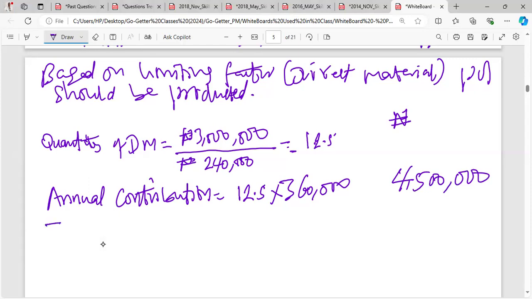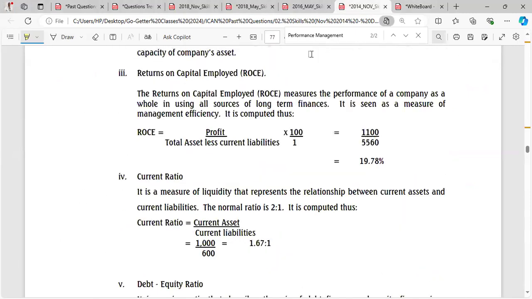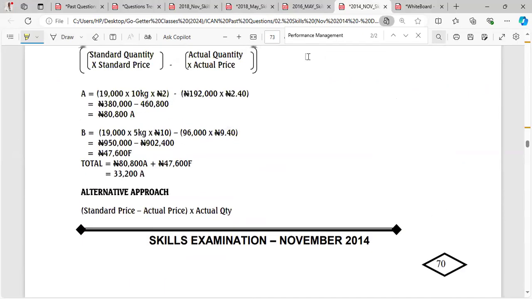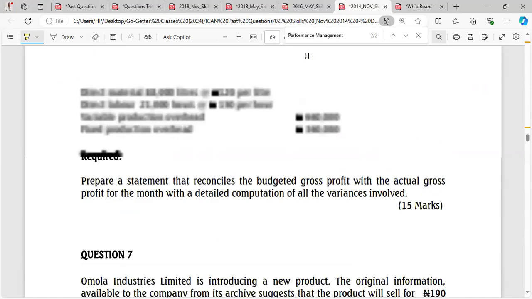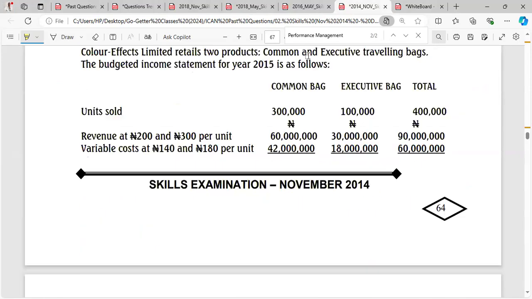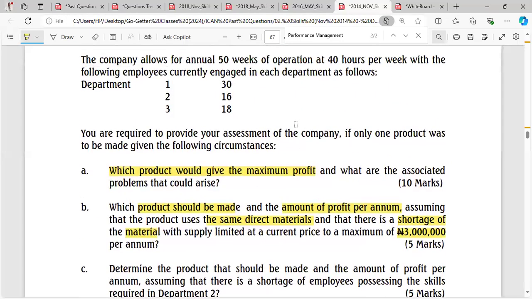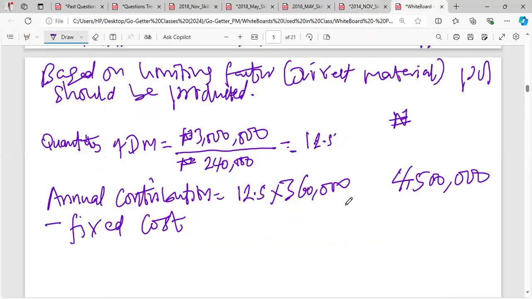Then we are going to less our fixed costs. How much is our fixed cost here? Our fixed cost here we are told is 1 million per annum.